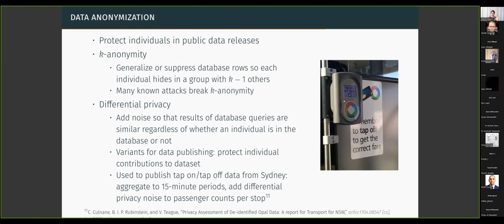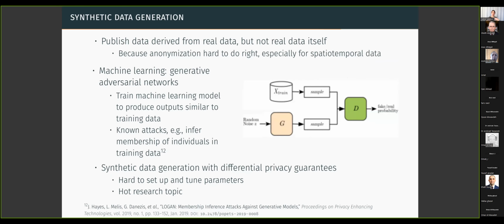They aggregate to 15-minute periods, and then they release data for each public transport stop. But if you think about the trace that a car moves through the city, that's much harder to anonymize.